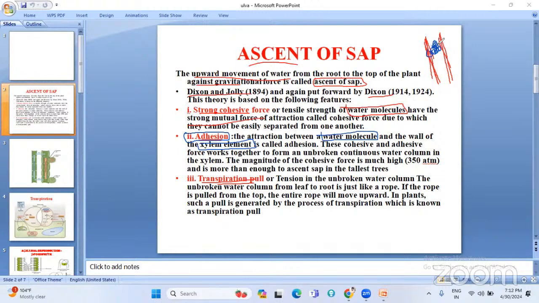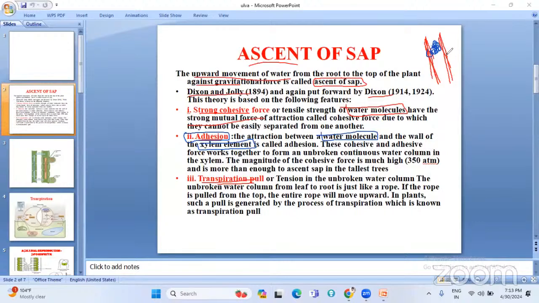But what is the end point here? The last water molecule is attached to the xylem vessel wall. Just imagine if there is no force between the water molecules and the vessel wall, what would happen? They would be easily separated from the xylem walls.